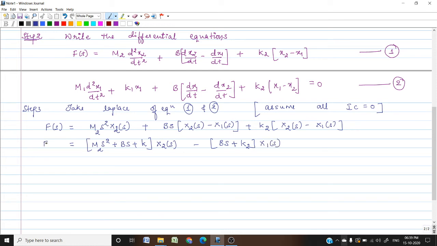This is equal to f of s. In this term, I have taken x2 of s and x1 of s as a separate term. This becomes my equation number 3.